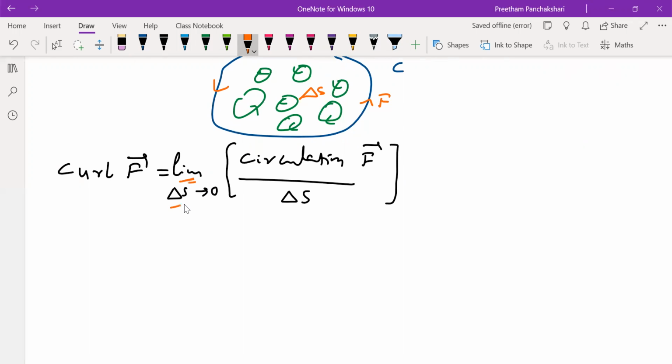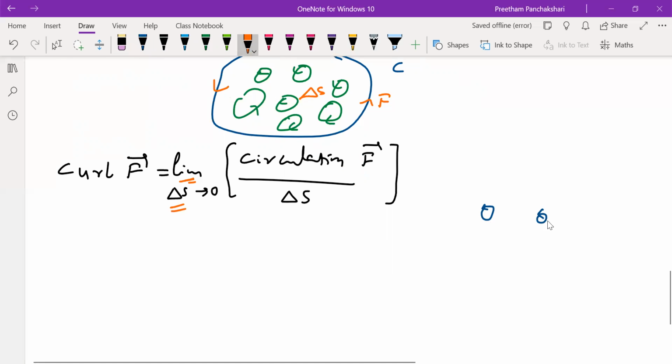The area should tend to 0. That means the area should shrink to 0. When the closed path C shrinks to 0, this becomes a very small closed path. All the closed paths, when they shrink to a smaller value, become almost equal to circular paths revolving around a point.